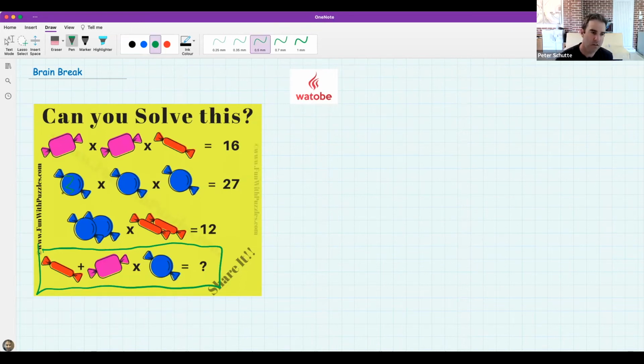So this is definitely 3, 3, 3, and then 2 of these threes. So this is going to be 6 in total. So this thing over here is 6. And what's the red sweet going to be? So 6 times 2. You're right.